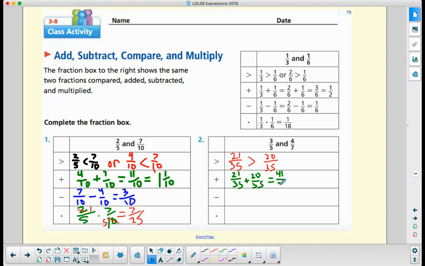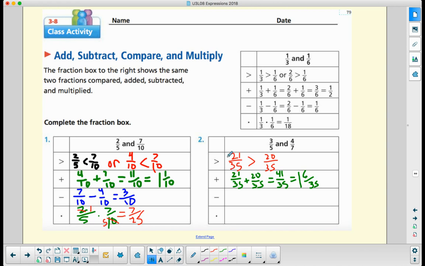Ding, ding, ding. I notice I have a fraction greater than 1. I can group 35 of the 35ths to make a whole. And when I take those 35/35 to make a whole away from the 41 I had, I have 6 left, and they're still the size 35ths. Notice my denominator was 35, 35, 35, 35. I never changed the size of my pieces.